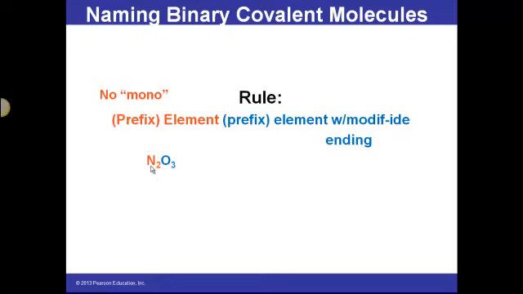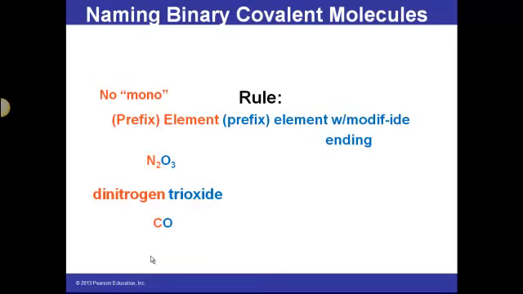So if we have a molecule of N2O3, we would name this as dinitrogen trioxide. So we have to put in the prefix di, change the ending to the "ide" ending, which is oxide in the case of oxygen. And now there's 3 atoms here, so we have to have the prefix tri.